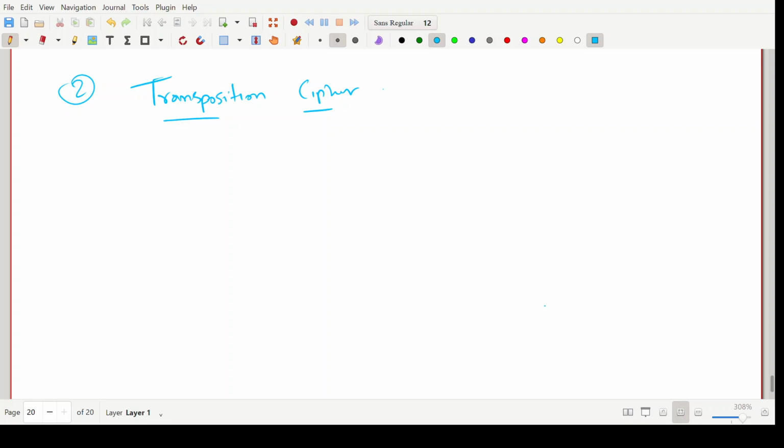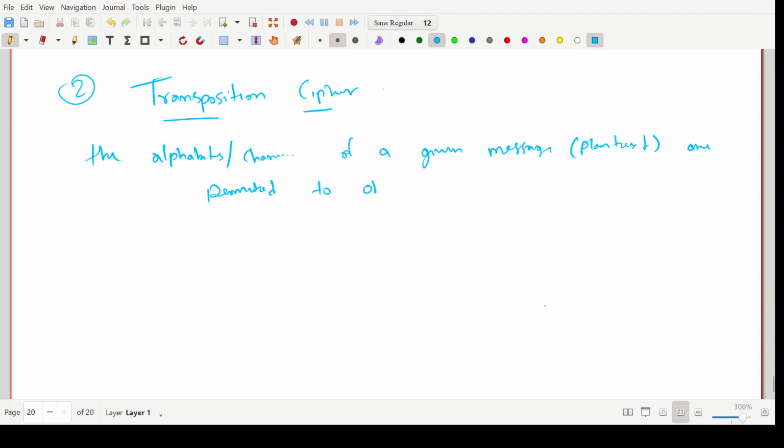In this cipher, the alphabets or characters of a given message, or plaintext, are permuted to obtain the ciphertext.